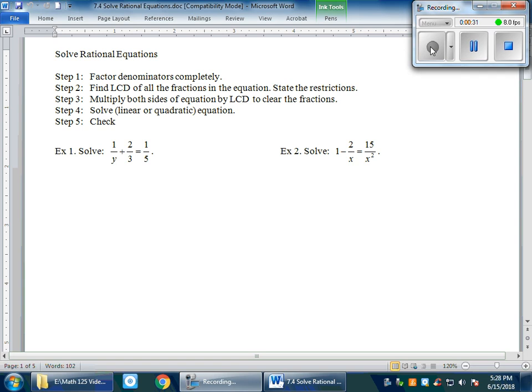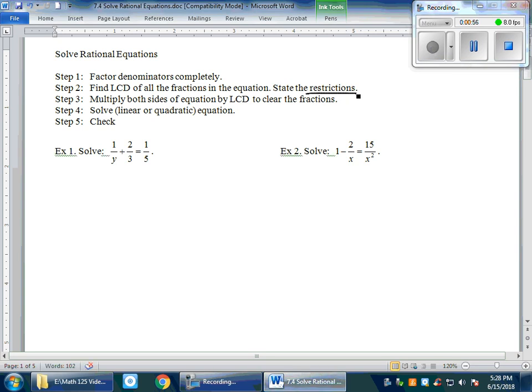But one important difference from equations containing numerical fractions is that a rational equation has a variable in the denominator, so some values of the variable will be restricted.